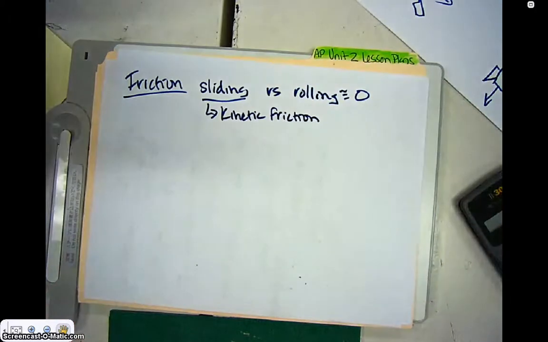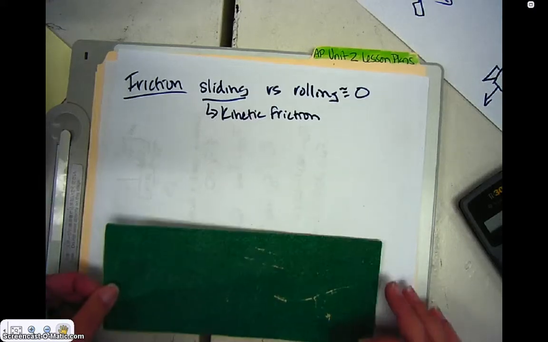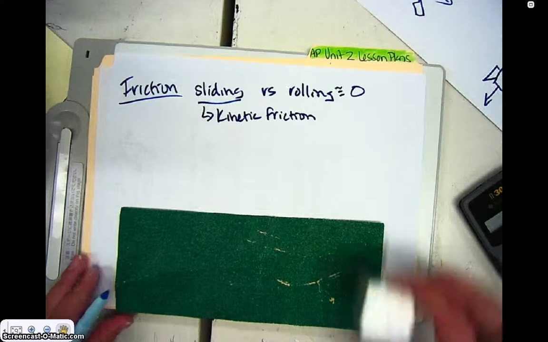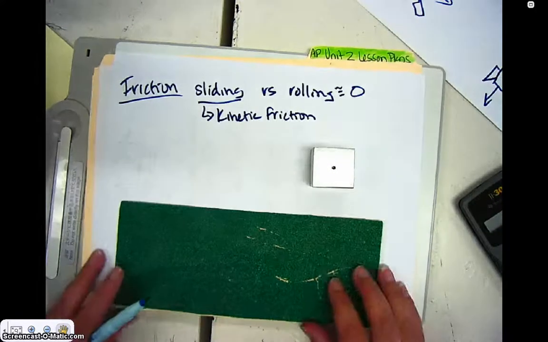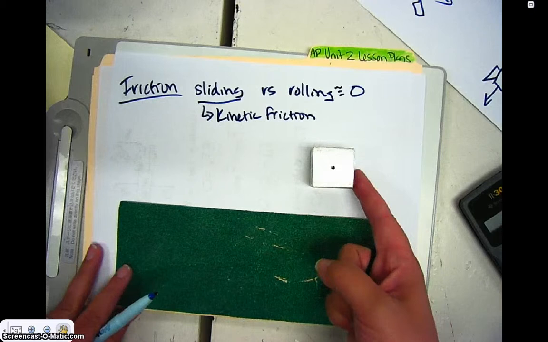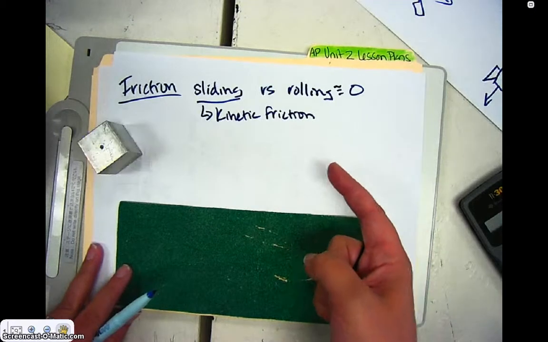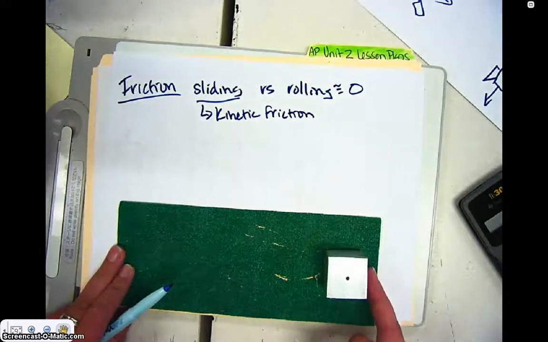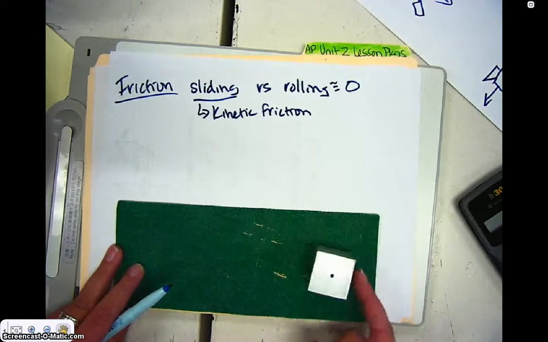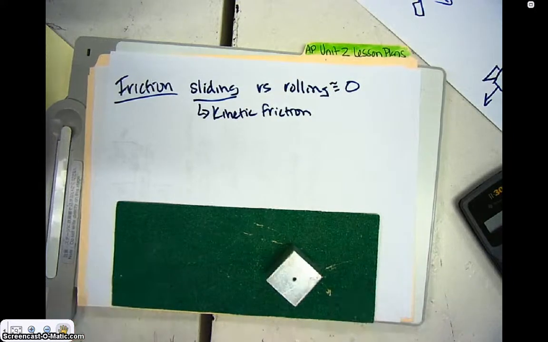Let's look at an example where we have two different types of surfaces. Here I have some sandpaper, and here I have some nice smooth white paper. If I push this along the smooth paper, and then I push it on the sandpaper, it barely goes at all.